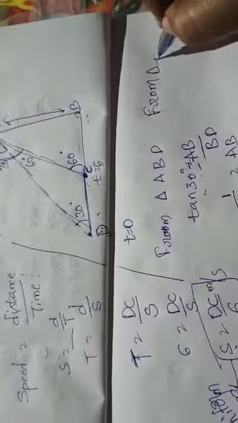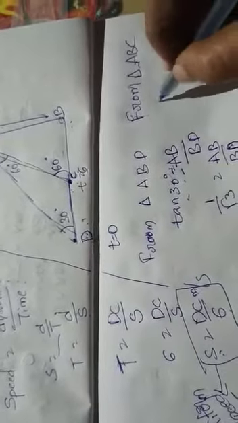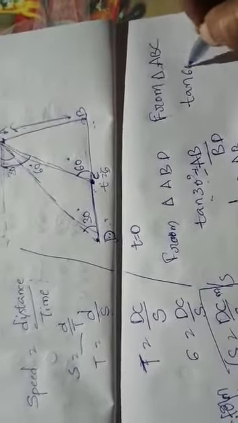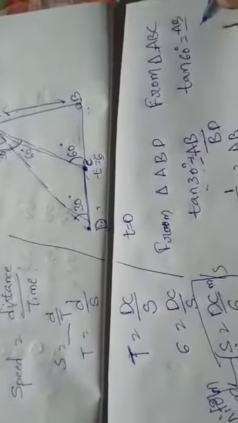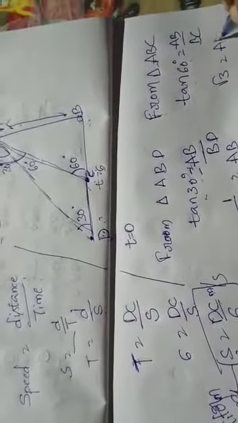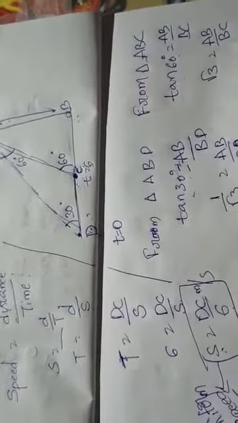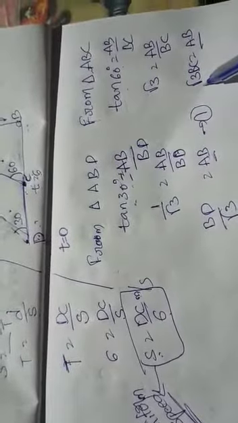In the same way, from triangle ABC, tan 60 degrees equals AB by BC. Tan 60 is root 3, equals AB by BC. Here AB equals root 3 into BC. So we get AB equals BD by root 3, and AB equals root 3 into BC.